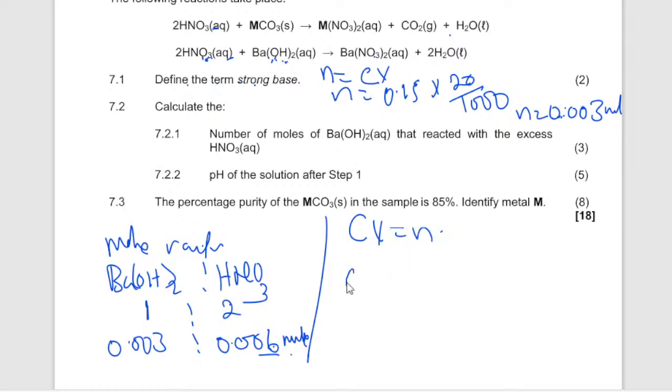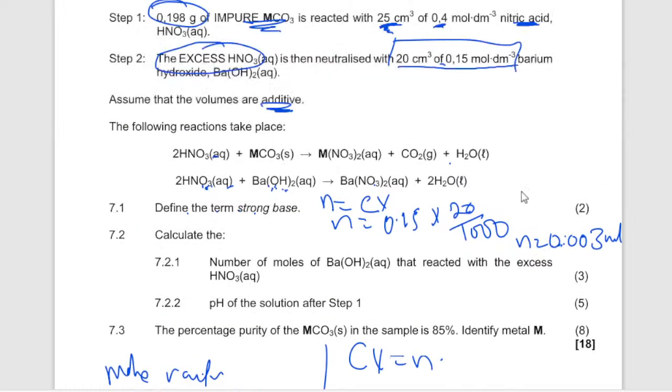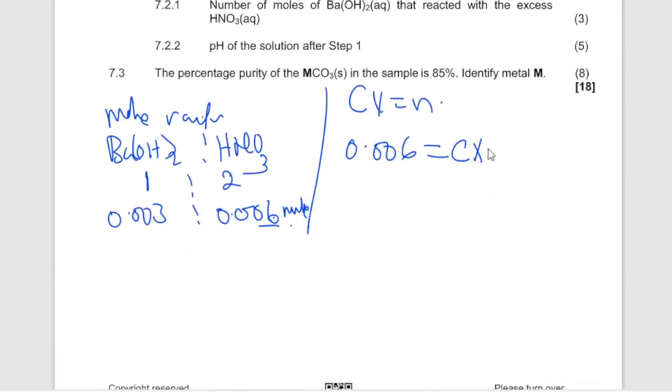So we have the number of moles, 0.006, is equal to concentration, which I don't know, times volume, which is 25, because we want to know how much is in the 25, divided by 1000 to convert to decimeter cubed. So concentration is going to be this divided by that, so this times that divided by 25.